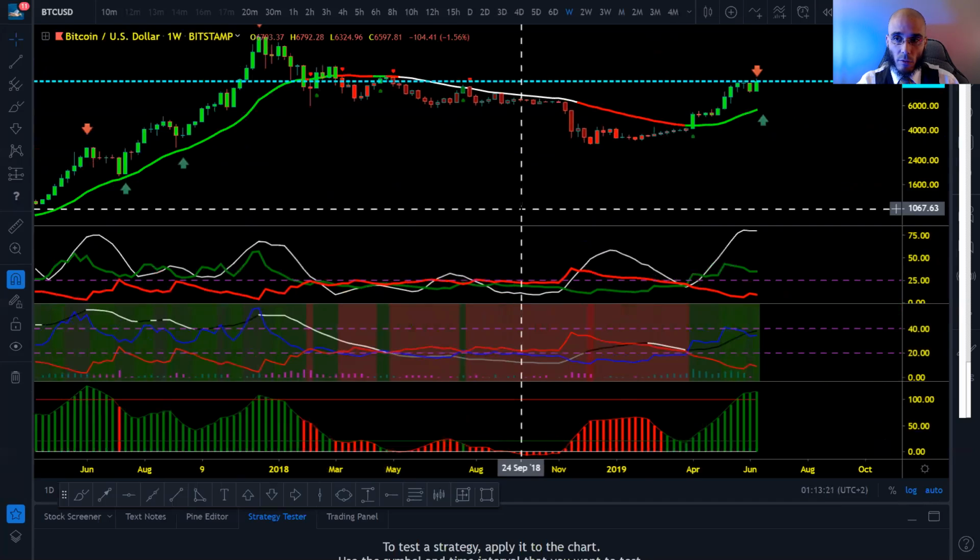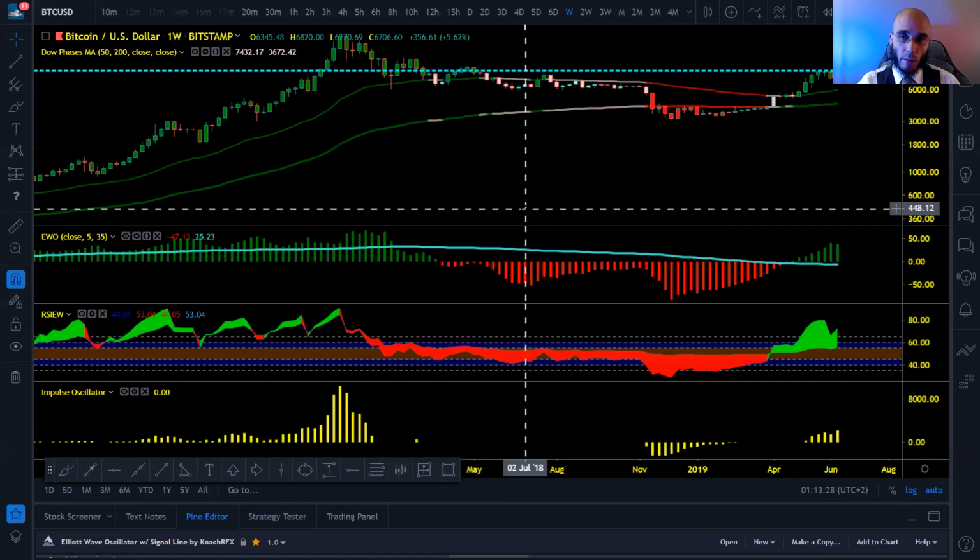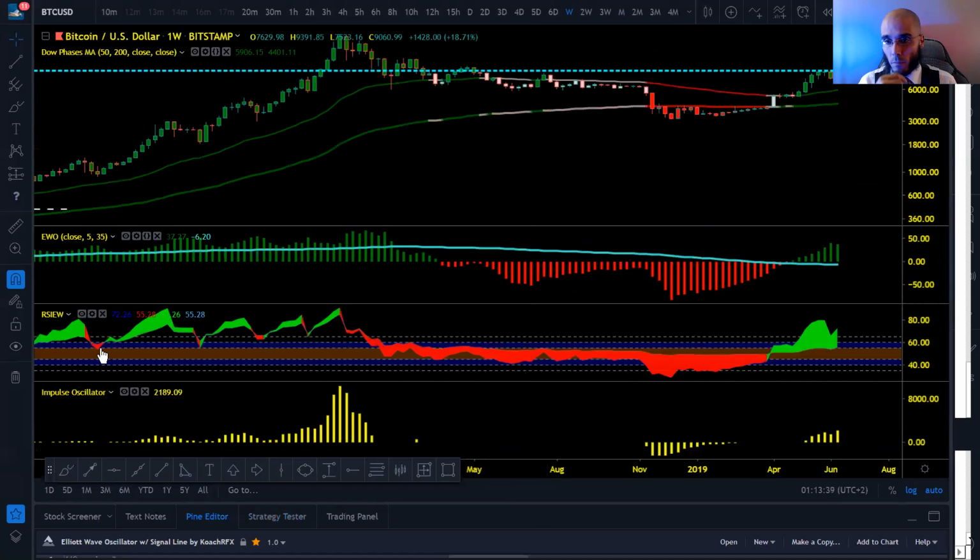Everything else is positive. I mean, everything apart from the fact that we are overbought is positive on the weekly. Here we have an Elliott wave down and everything is positive.